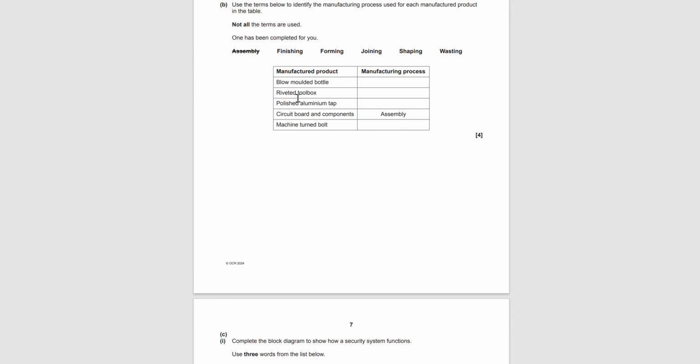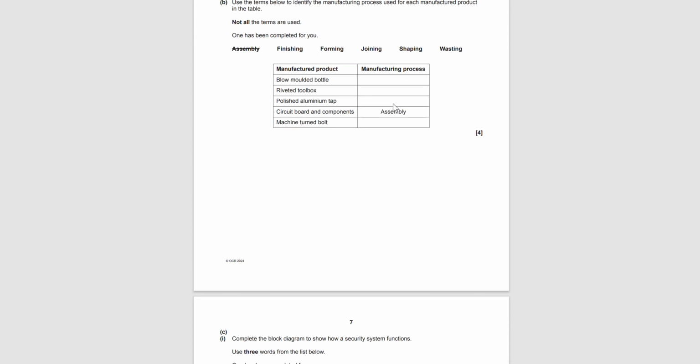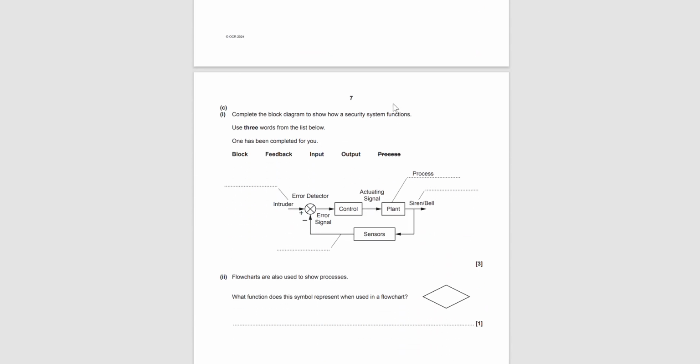So, for example, blow moulding a bottle would be a forming process, so we would write forming here. A riveted toolbox would be a joining method, we would place that there. A polished aluminium tap would be a finishing method, and we would place that there. And that again will get us the 4 marks.